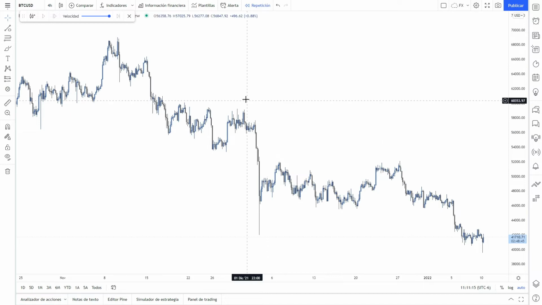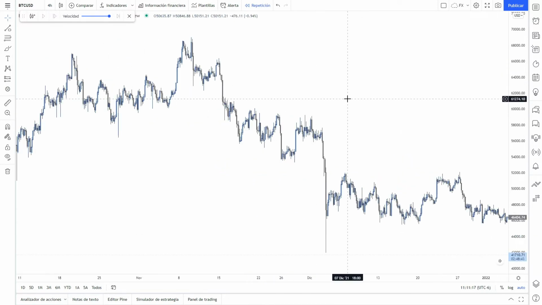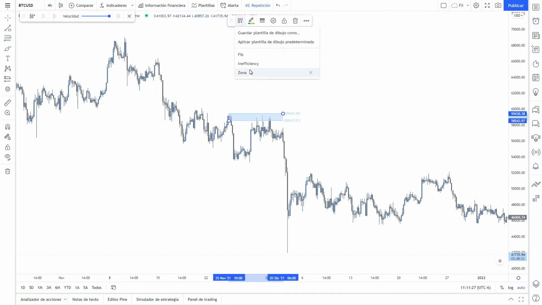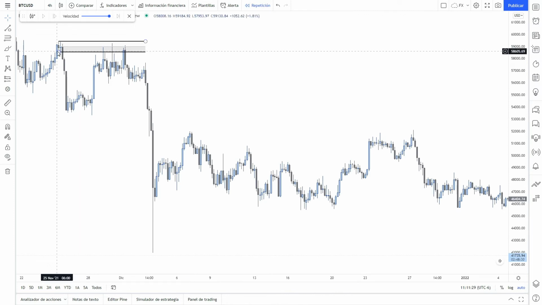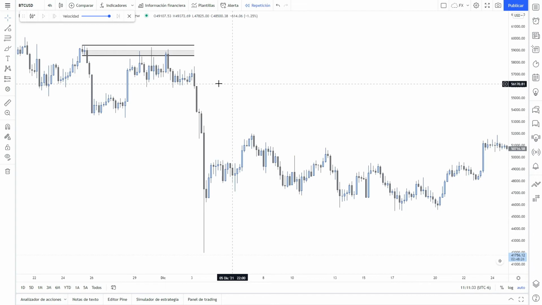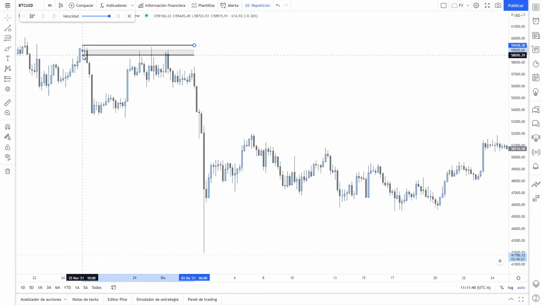So for instance, let's use this Bitcoin chart. What do we have here? We have a supply level. I mark from week to week. This is my very last candle before the explosion to the downside, before this push to the downside.